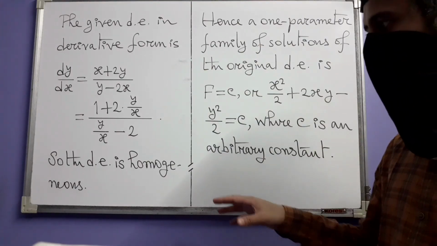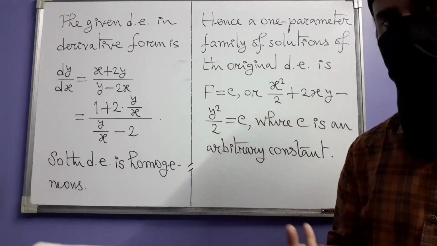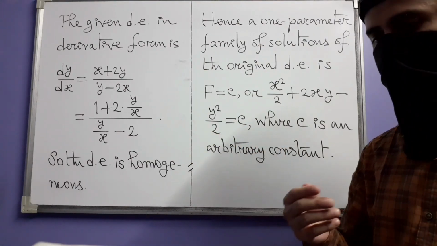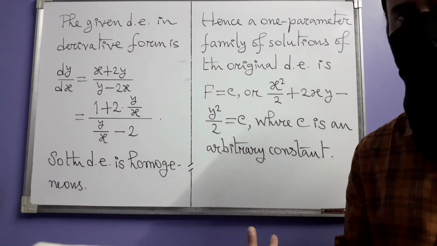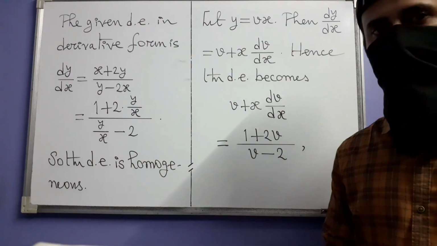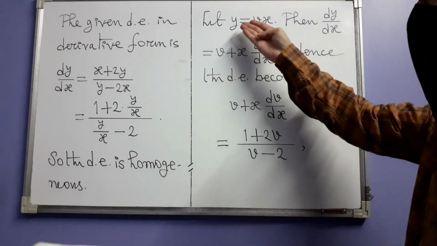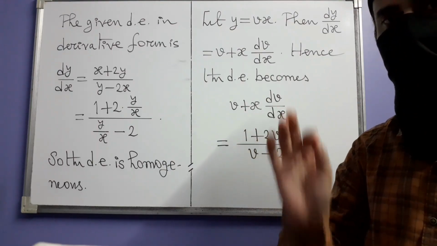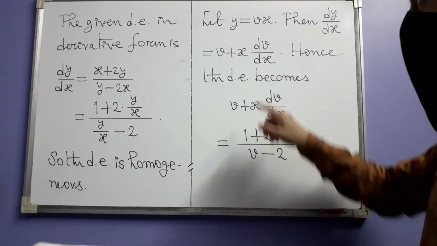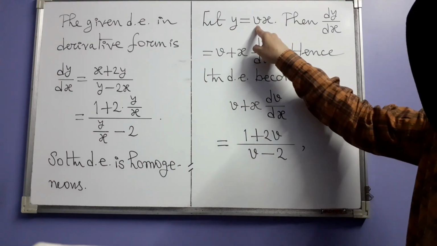So now we can apply the theory of homogeneous equations, that is, you bring in the transformation y equals vx and you do the usual stuff. We will now get rid of the variable y. Instead, we now have a new variable v to replace it.